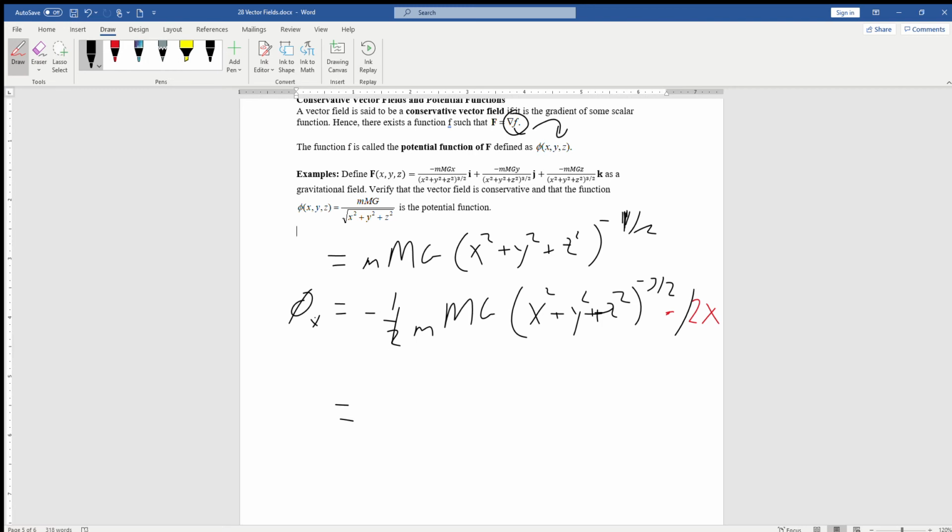We're going to move the negative exponent back down to the denominator, and we're going to get the opposite of mMGx divided by x squared plus y squared plus z squared to the positive 3/2 power. And that's exactly the coefficient if we look back at the conservative vector field that we're trying to show. That's exactly what we get for the coefficient of I. So far we're on the right track.